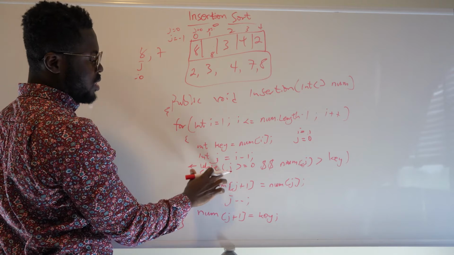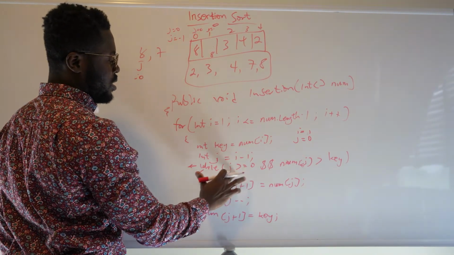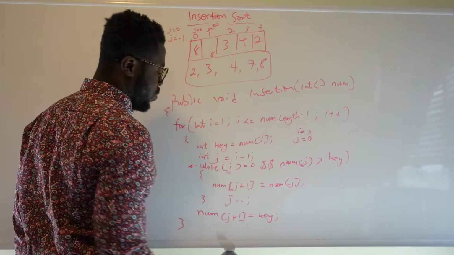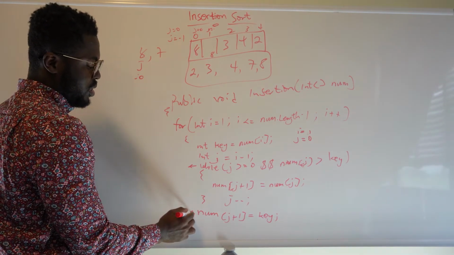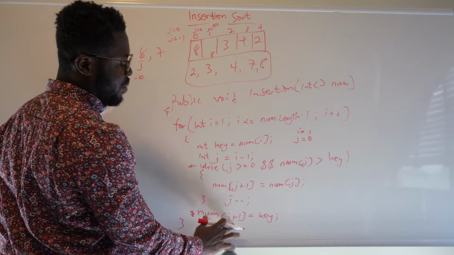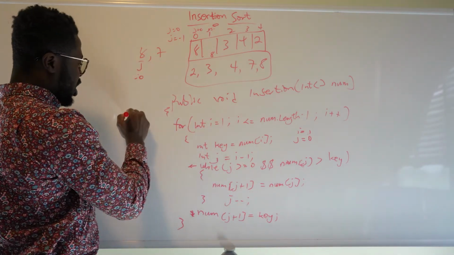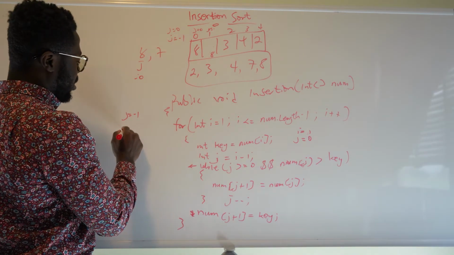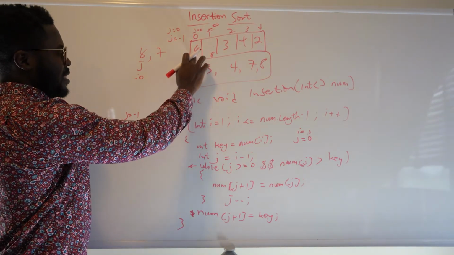We come to the while statement and check j, which is -1. This will terminate because it's not greater than or equal to 0. Then we jump to the statement num at j plus 1 equals key. j is already -1, plus 1, that means index 0. Where is index 0? It is here and 8 is there.